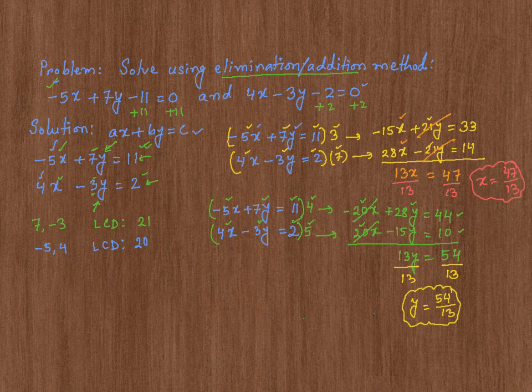Okay, now I have the x and y, and I have just solved this system of linear equations. So my x comma y is actually 47 over 13 comma 54 over 13.